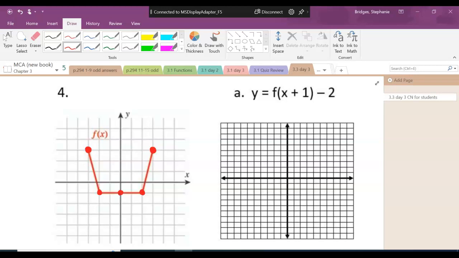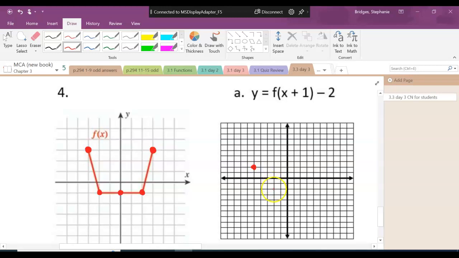What 2 movements am I going to make with A? Left, how many? 1, and then down 2. Okay, so I'm going to go to my original point, the top one on the far left side, that's at 3, 3. I'm going to go down 1 and to the left 2, and I'm going to put that point. Then I'm going to go to the one at the bottom on the left side. That point is negative 2, negative 1.